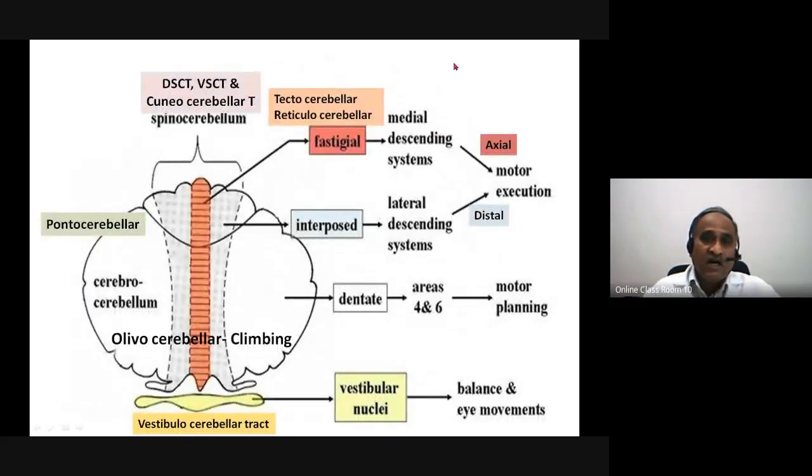Now, these are just to revise what I told in my previous class. This is the cerebellum. This is the leaf-like structure, a functional component of the cerebellum.